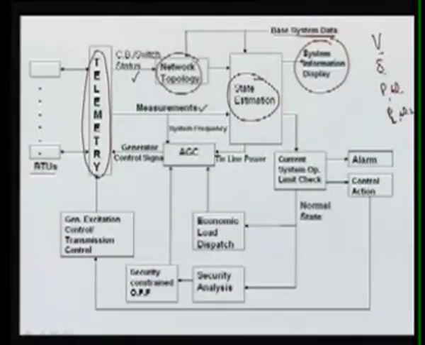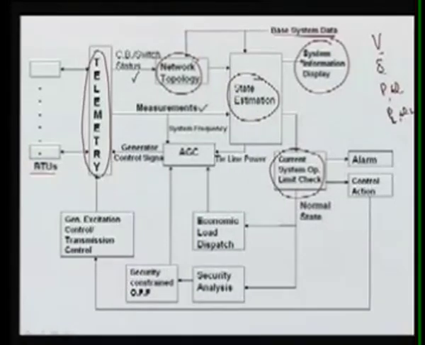The information we have right now from state estimation is used to check the current operating state of the system. The present power system data, measured through the RTUs, along with the network topology and state estimation, lets us check the current system operating limits.